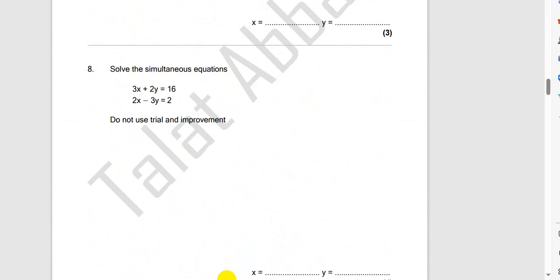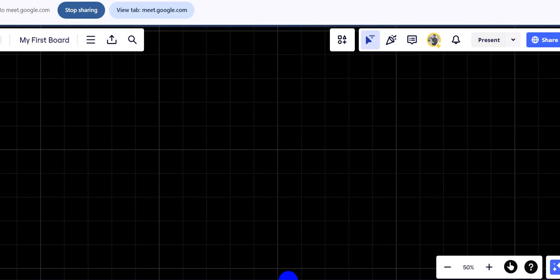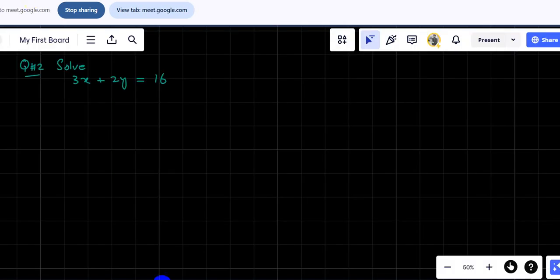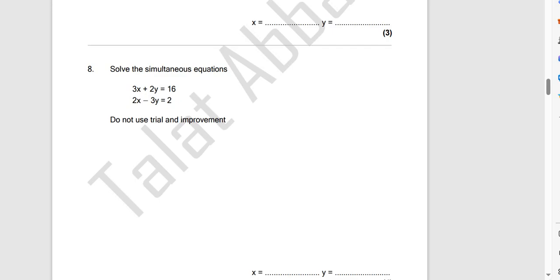Solve 3x plus 2y equals 16. And the second equation is 2x minus 3y equals 2.